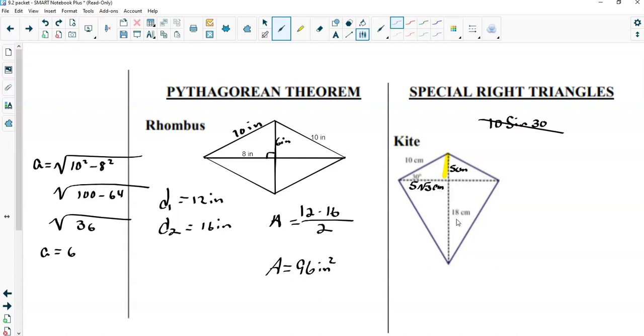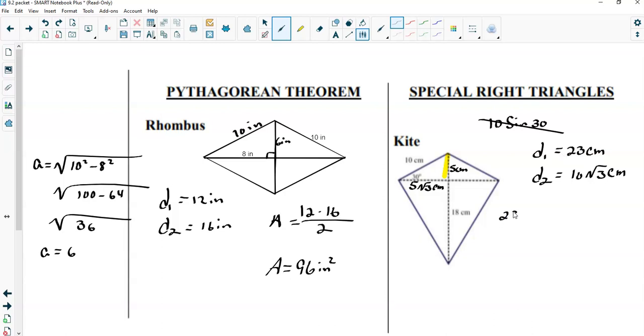Therefore, one of the diagonals is 18 plus 5, that's 23 centimeters. The other diagonal is 5 square root of 3 times 2, right? Because it's 2 right here. So that would be 10 square root of 3 centimeters. Now all I have to do is multiply the two diagonals.